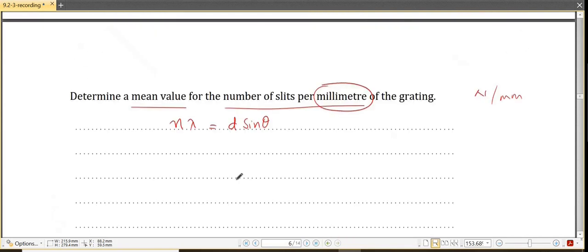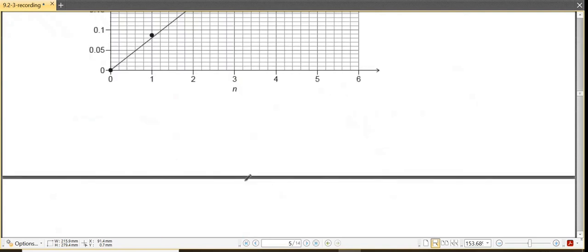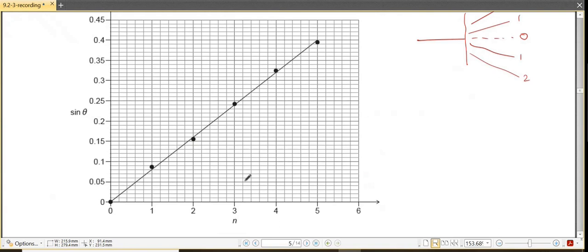The question is asking you to find capital N. So let's rearrange this equation, giving 1 by n sine theta. Now I want n, so n equals sine theta upon n lambda. So what do I have here?